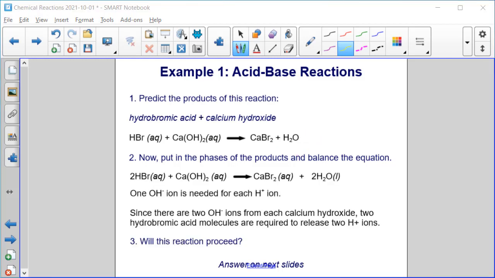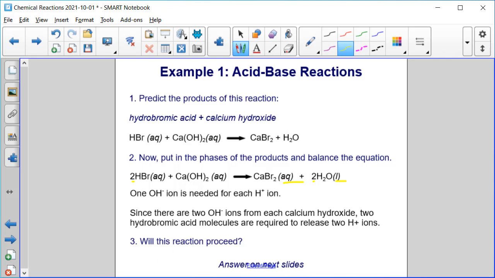Okay, so just as we have our coefficients 2, 1, 1, 2, 1 OH minus ion is needed for each H plus ion. And then just as we said, calcium bromide aqueous, water liquid. The last question we need to answer is, will this reaction proceed?